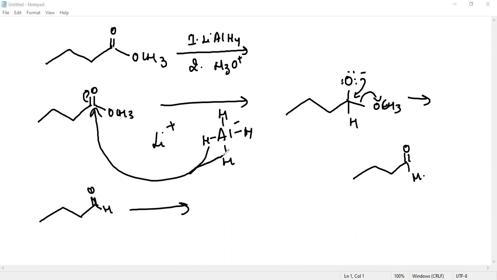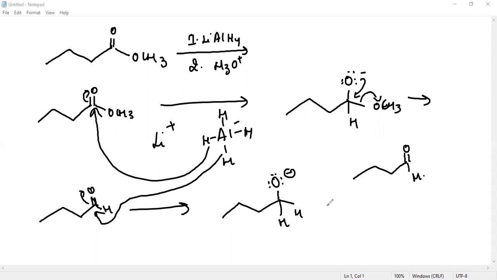So let me redo it, just 1 second. Yeah, so this will go ahead and make an attack over here, and this will be pushed back over here. So oxygen with the negative charge, and there are two hydrogens now, okay.